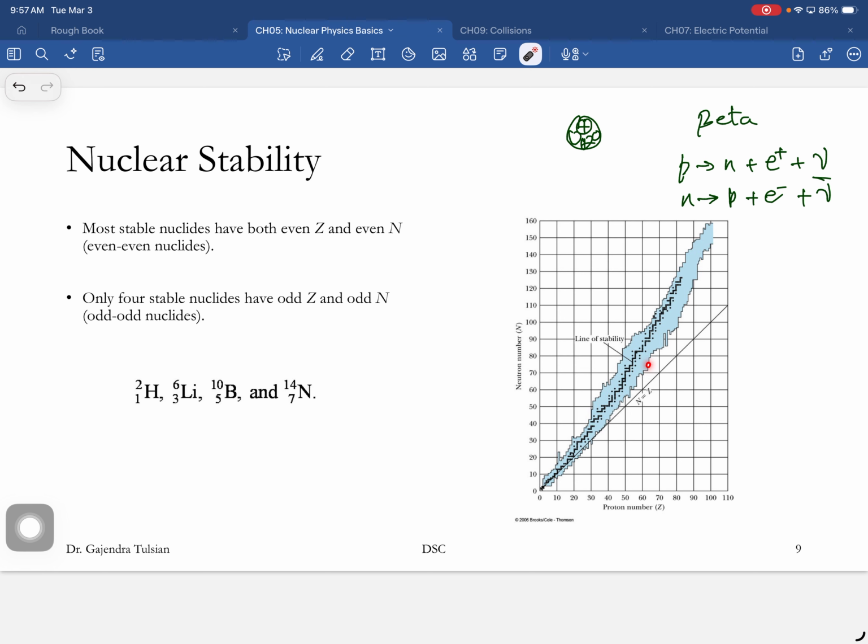So here is the carbon-14 reaction. You're getting neutrons from cosmic sources. There's a steady stream of these neutrons coming, and the neutrons hit nitrogen.